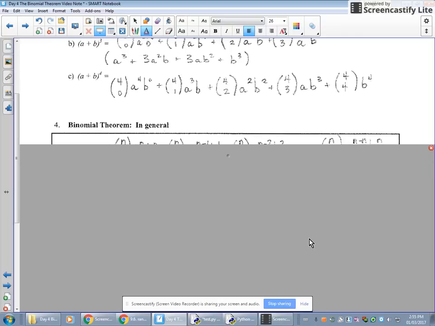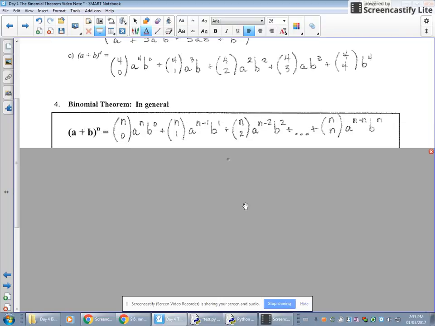So we can now generalize what is the binomial theorem. We can say that if we have (a + b) to the power of n, that is going to be as though we have n items to choose from, and then our coefficients become n choose 0 plus n choose 1 plus n choose 2, and we continue dot, dot, dot, all the way up until we have n choose n items.